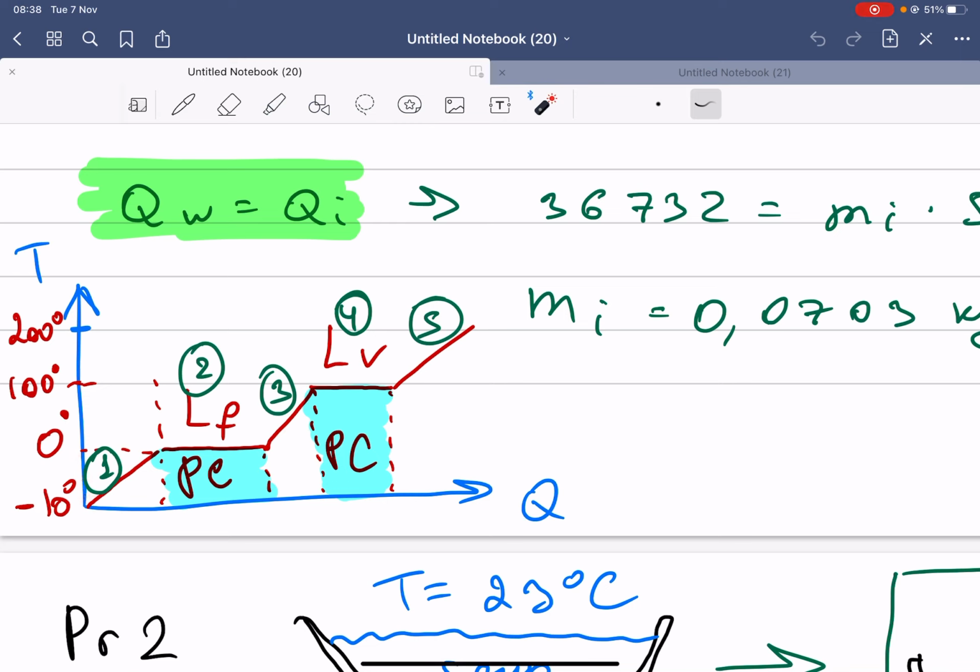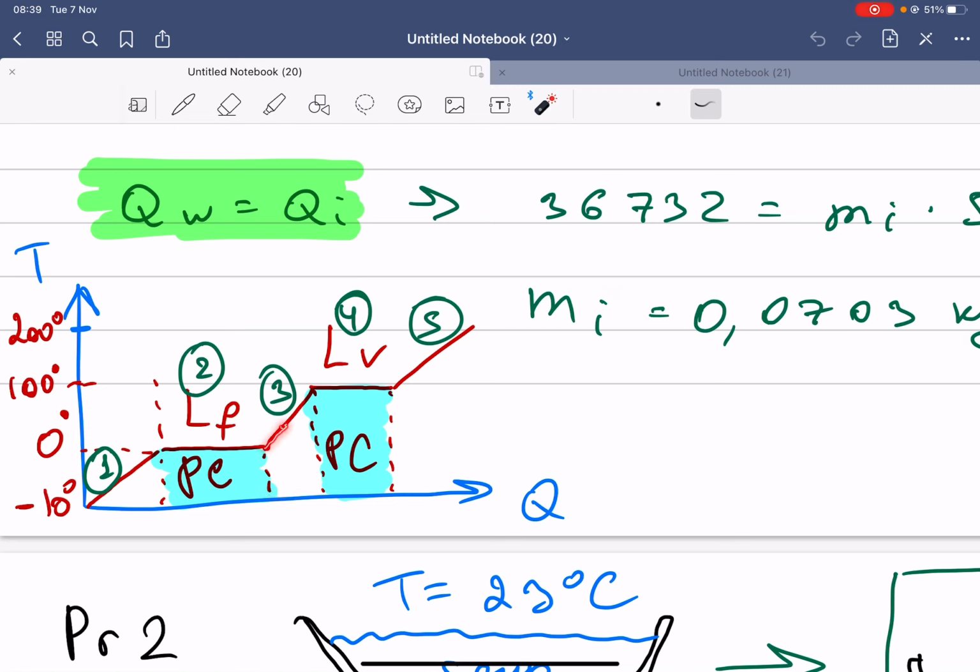But at 0 degrees Celsius, the ice has to go through a phase change, where as you keep adding heat, the temperature will not increase, but all the ice will be converted into liquid at 0 degrees Celsius, okay? And then after that, it goes to the third stage, and as you keep adding heat, the temperature of the water will start increasing, okay?